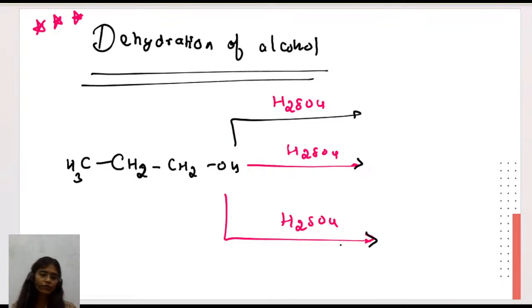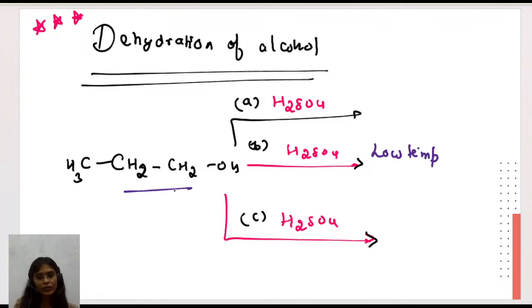Yes. Now listen, my point. Let's suppose this is case number A, this is case number B, and this is case number C. So in this case, you will tell me, what if I'm using a low temperature? There are two kinds of possibility there. What is possibility number one?